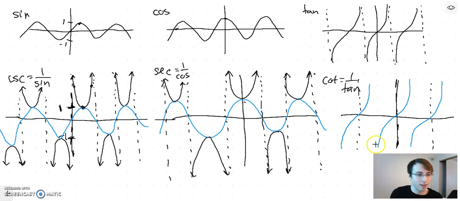Here is where tangent is going to infinity, and dividing something by a really big number always gives you about 0. So cotangent should be 0 around here, and 0 around here, 0 around here, 0 around here.